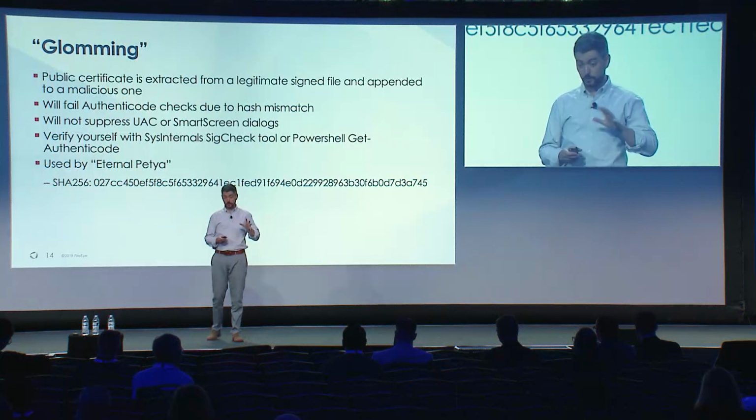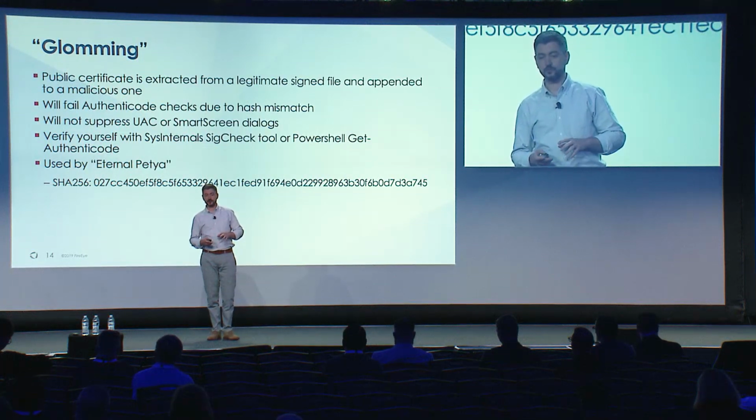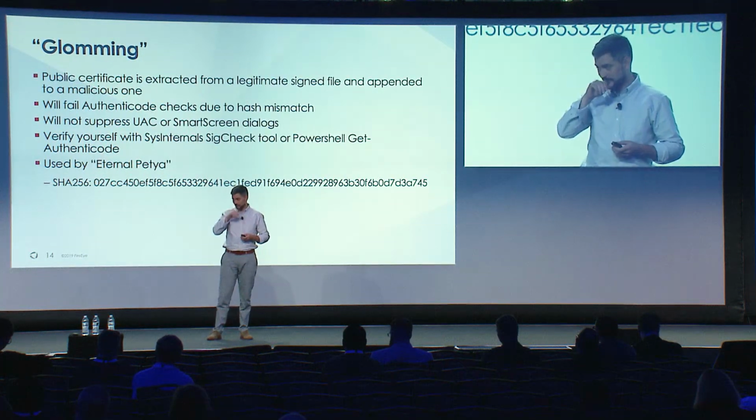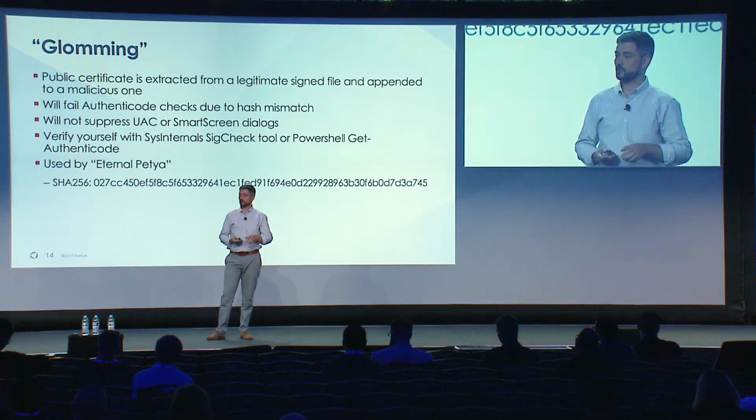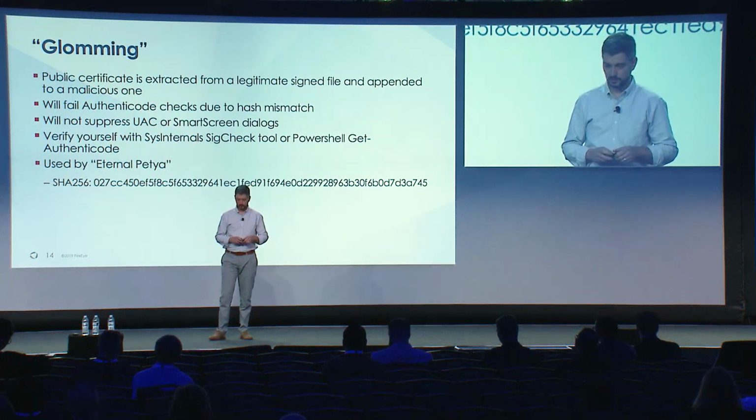So another way we see certificates. This is what I call glomming. And we don't really see this anymore. Used to see it quite a bit in years past. This was actually used by Eternal Petya most recently. Basically, it's where you would extract a public certificate from a legitimately signed file and just append it to another file. This will fail all sorts of checks. It won't pass Authenticode.